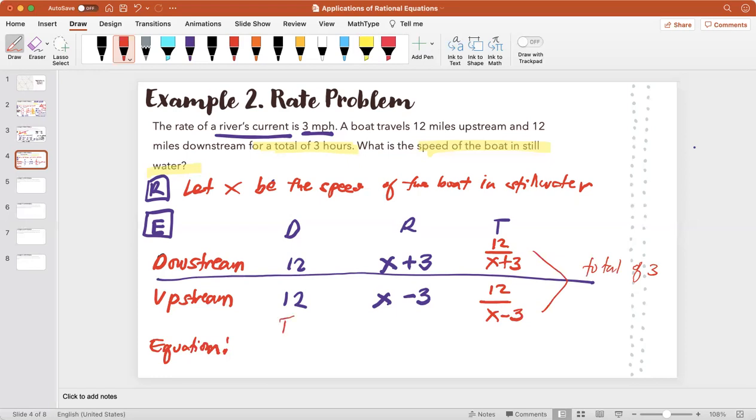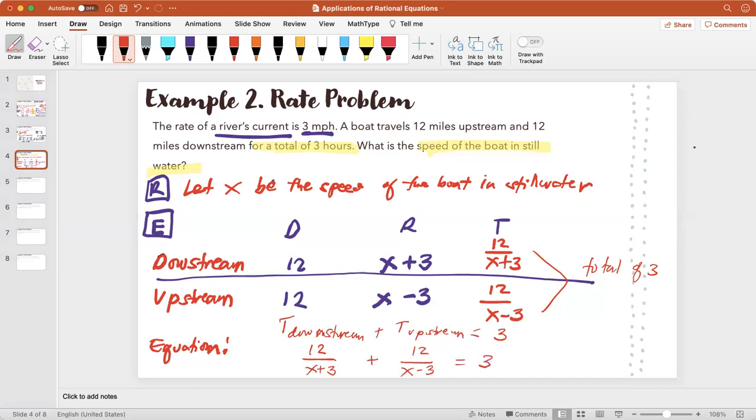So what's the time downstream? It's 12 over x plus 3. What's the time upstream? It's 12 over x minus 3. And that's equal to 3.